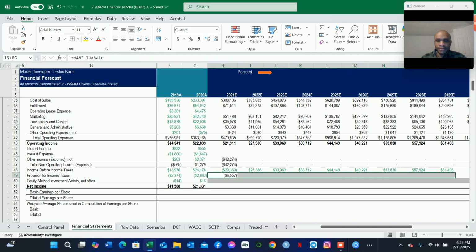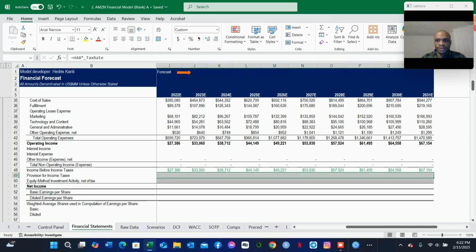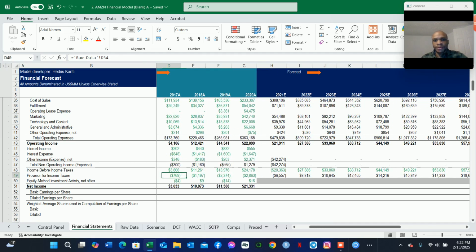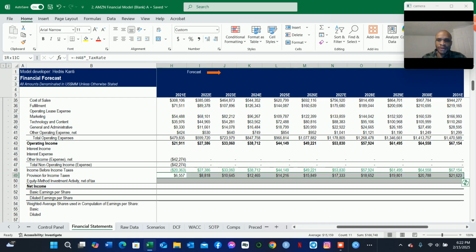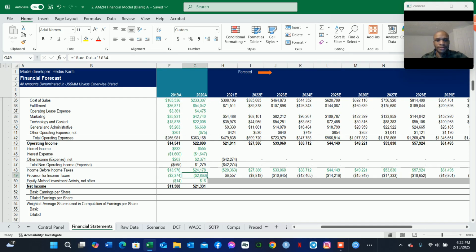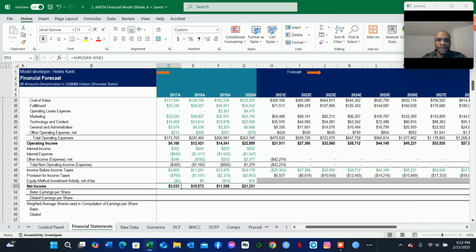And we can fill that formula all the way right. Make sure that we are switching the sign since we want it to be a negative. So we have that in place now.